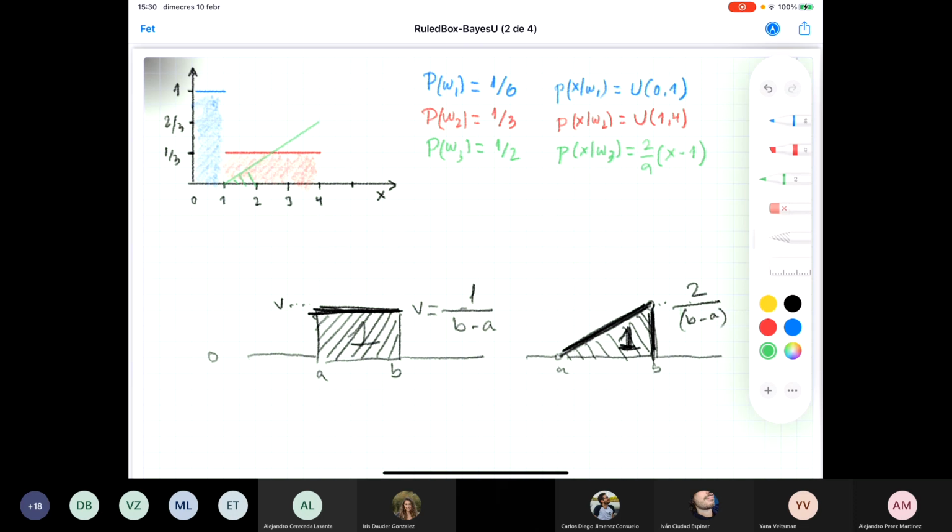Because this area is also 1. So is that clear? No, can you repeat? From where exactly? The green part, the green area. Well, this is a triangle. The base is 3.